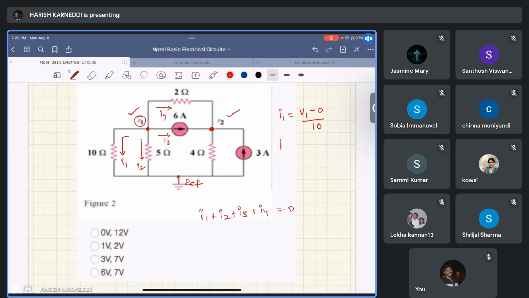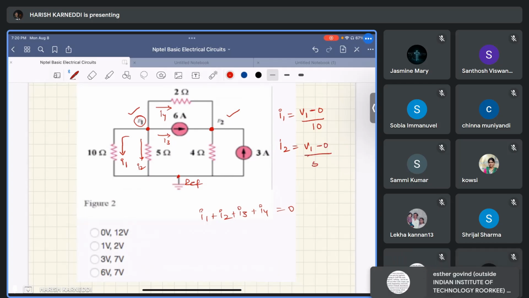Similarly, I2 equal to V1 minus 0 by 5 ohm, between the reference node and the first node, right? And I3 is the same as 6 amps, right? Why? Because this I3 is in this direction, and the current source direction is also in the same direction. So I3 equal to 6 amps.